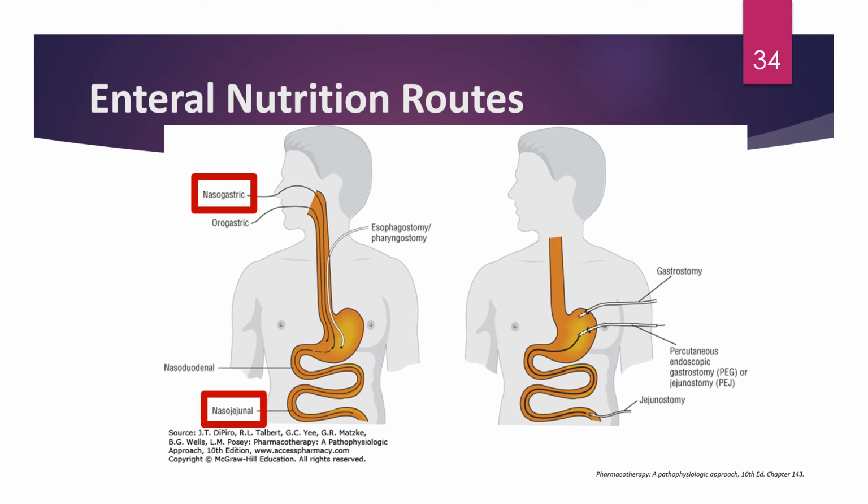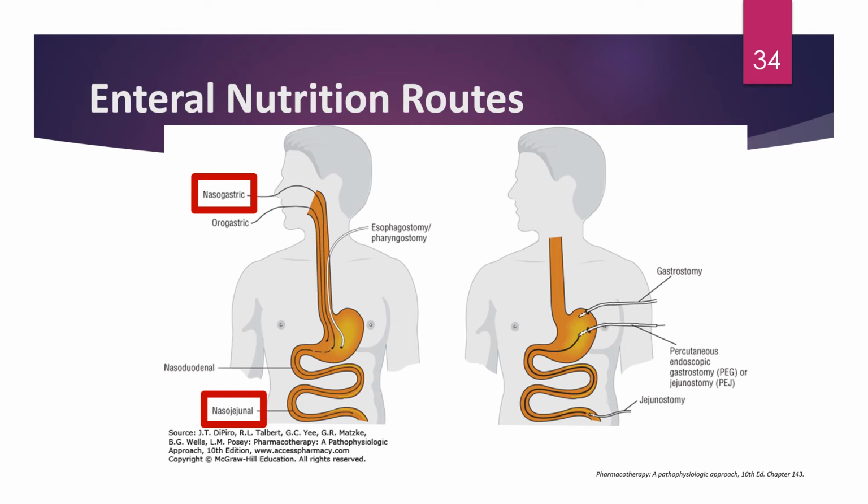Nasojejunal tubes are used when a patient has some type of intolerance, for example, to regular nasogastric feeding. So if they are having lots of abdominal distension and intolerance to nasogastric feeding, like lots of nausea, vomiting, or diarrhea, they may send that nasogastric tube down a little bit further into the jejunum. Remember that the small intestine is made up of the duodenum, the jejunum, and the ileum.